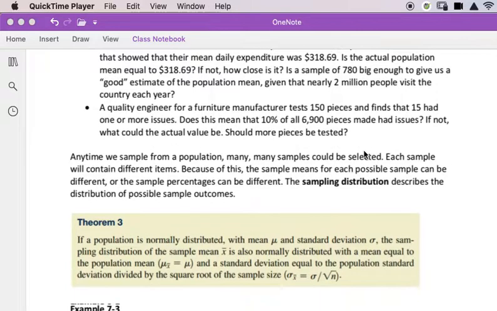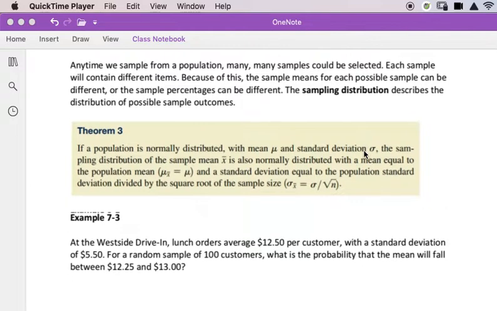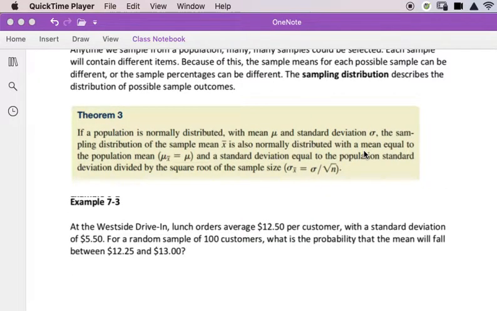So let's look at Theorem 3. It says if a population is normally distributed with mean mu and standard deviation sigma, the sampling distribution of the sample mean, x bar, is also normally distributed with the mean equal to the population mean.